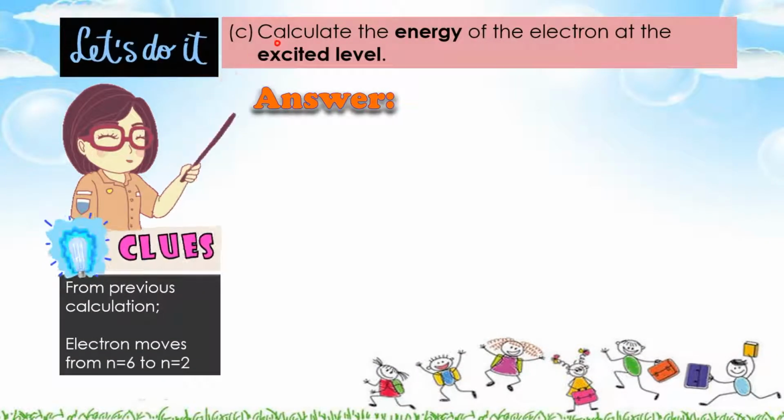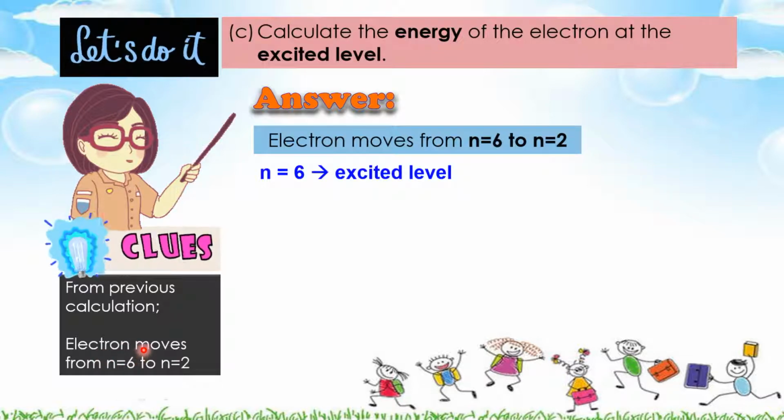For question C, calculate the energy of the electron at the excited level. From the previous calculation, we already found that the excited state for the electron is n equals to 6. So we want to calculate the energy of the electron at n equals to 6.